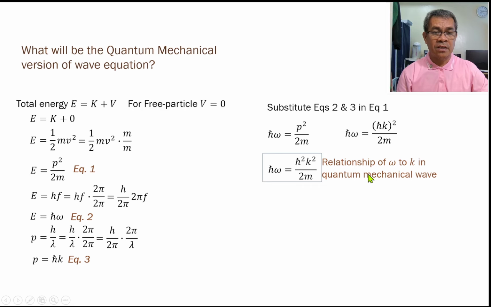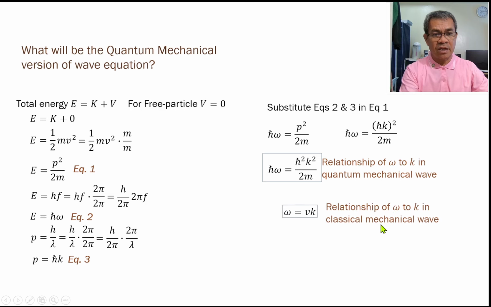So therefore, this is the relationship of the two. Take note, we have a relationship in classical mechanics. In classical mechanics, the angular frequency and wave number are directly proportional to each other. Okay? Directly proportional.